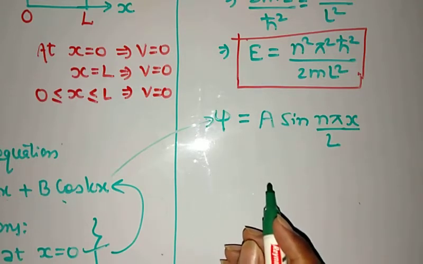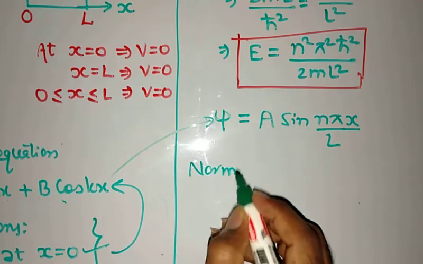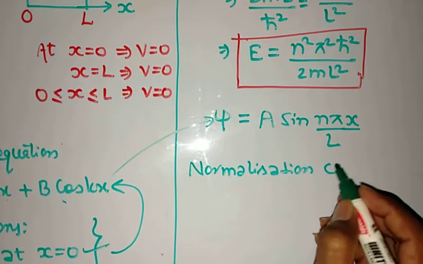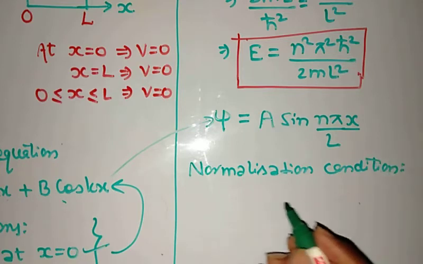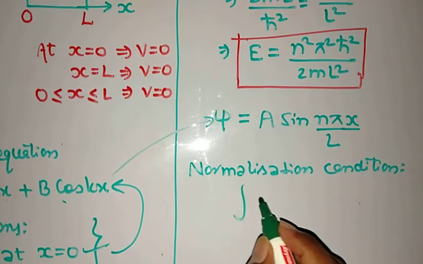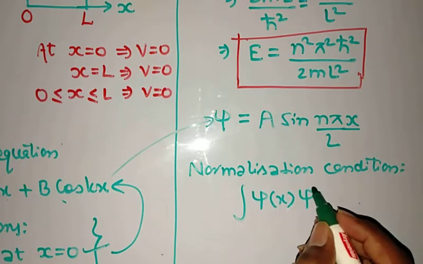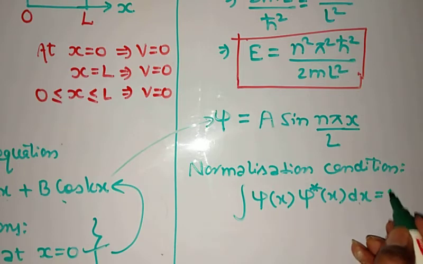Now, what is the normalization condition? Applying the normalization condition, we know that this is psi x psi star x dx is equal to 1.